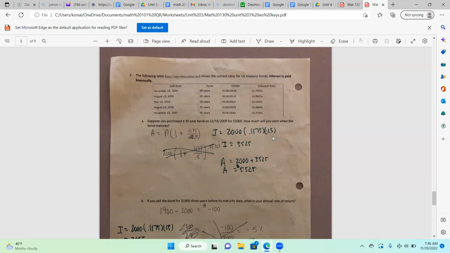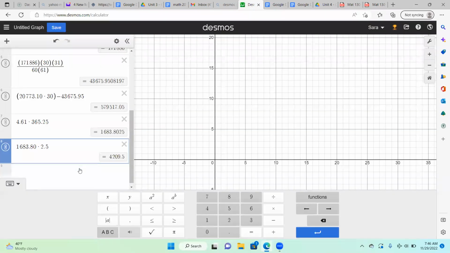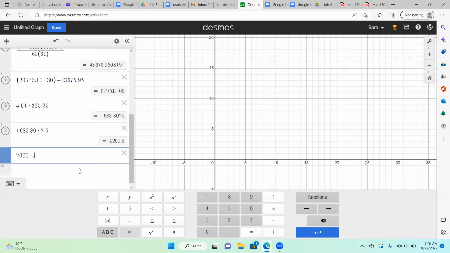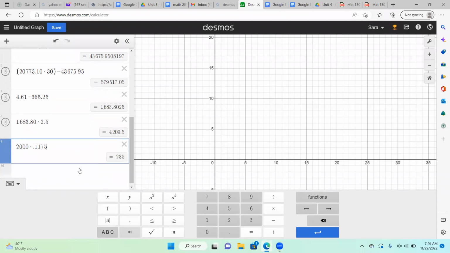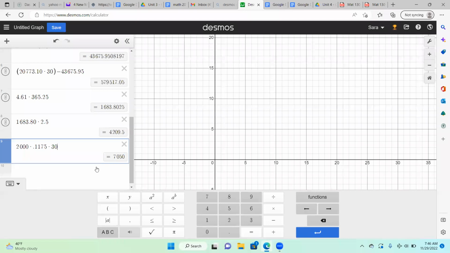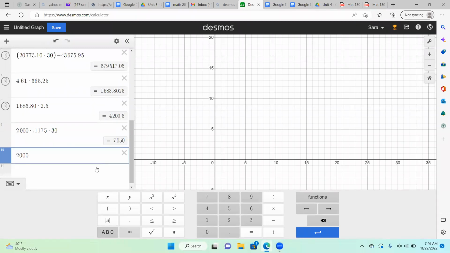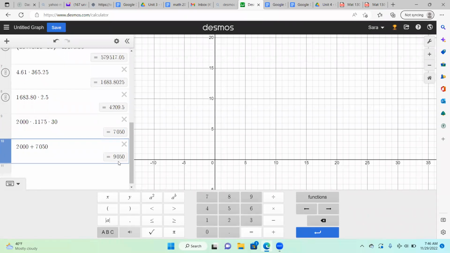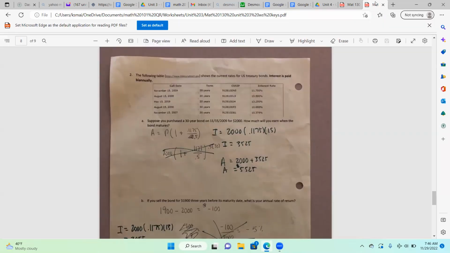That should have been multiplied by 30 years because it was a 30-year bond. I don't know why I multiplied by 15. So the interest should have been $7,050, and the value of the bond should be $9,050.